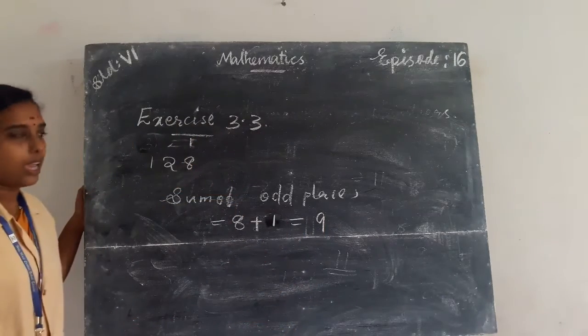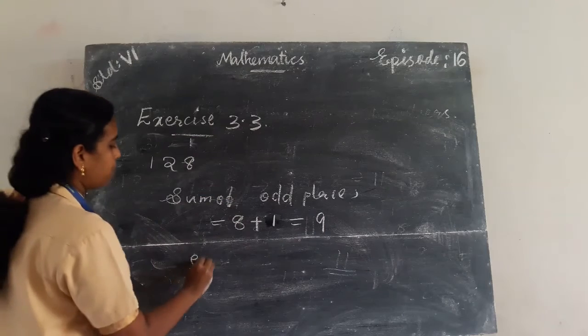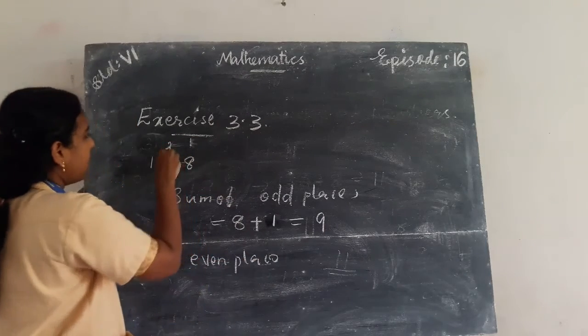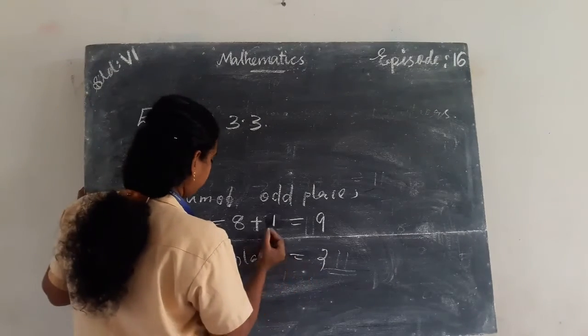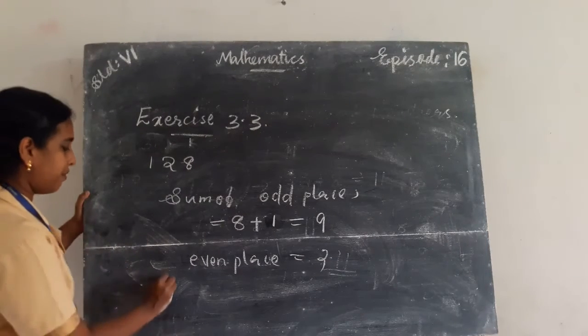Next we take the sum of digits at even places. Here the even place is the second position, and 2 is at the even place. So the sum is 2, and then we take the difference.